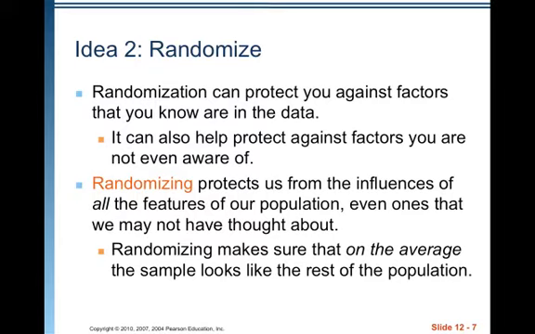Randomizing protects us from the influences of all the features of our population, even the ones we may not have thought about. Randomizing makes sure that on the average, the sample looks like the rest of the population, and we end up with what we call a representative sample. That's exactly what that means, is the sample represents the population by being similar to it on the average.